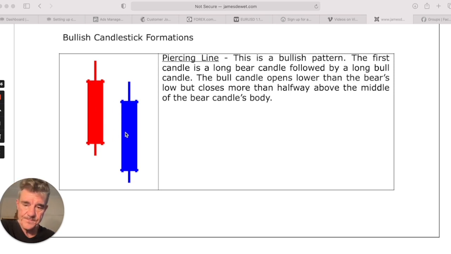We move to the bullish candle, the next one that comes along in time sequence, and that closes more than halfway into, or above the halfway mark, should I say, of the previous bearish candle. That's called a piercing pattern or a piercing line, and that is a good reversal signal.